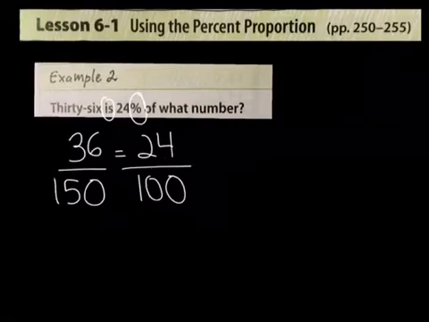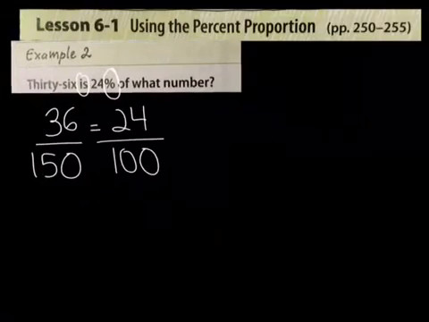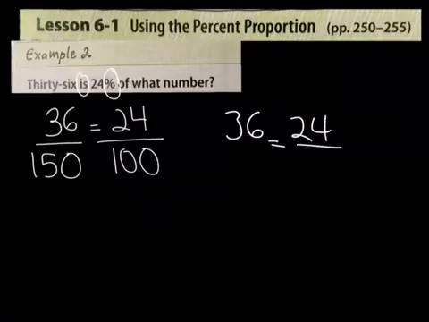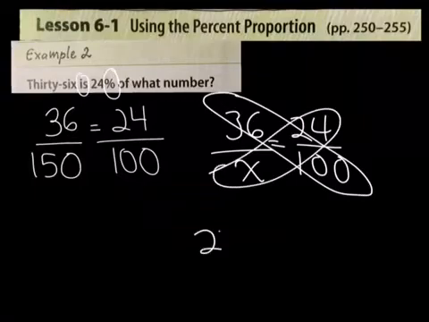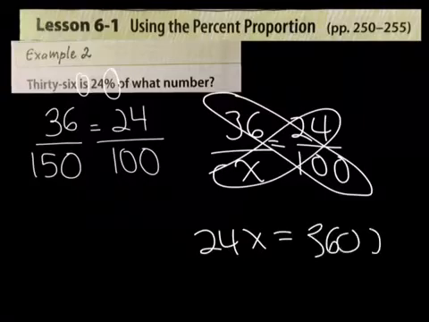That's using proportions. But what if I went ahead and just did my cross product, where again I write 36 equals 24 over 100, 24%, right? Well, I can use cross product. Oh, sorry, this should be our x that we're looking for. So now I have 24x equals 3600, right? Because I multiply those.